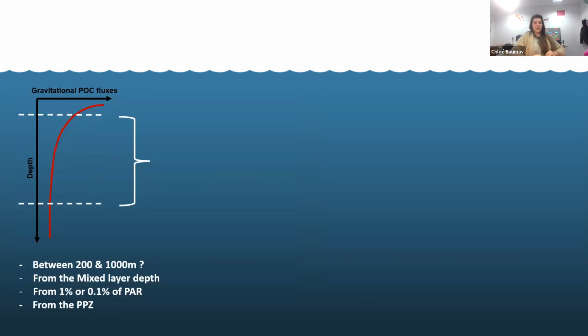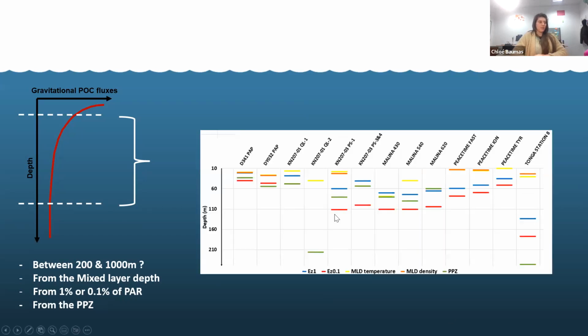So alternatively, studies aiming to understand mesopelagic carbon budget use the mixed layer depths determined from temperature or density, the surface photosynthetically active radiation called PAR, or the PPZ corresponding to 10% of the highest values of fluorimetry. So I plotted here the mesopelagic zone placed according to the different method.